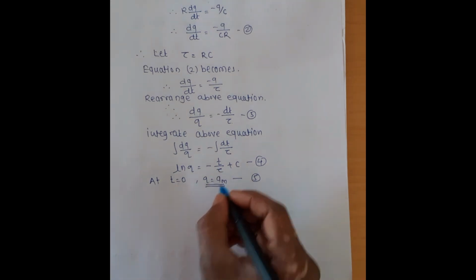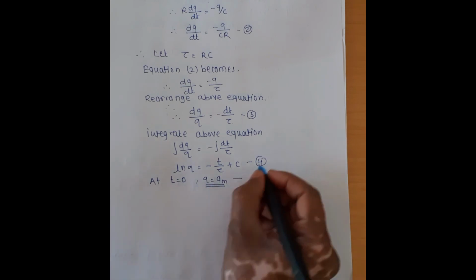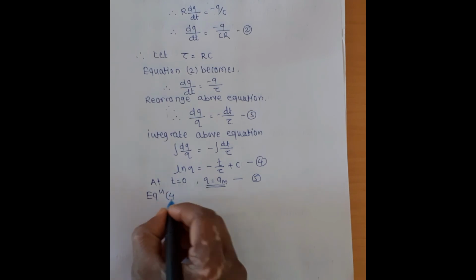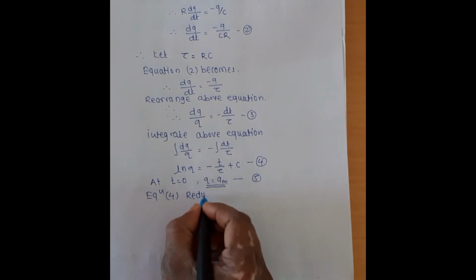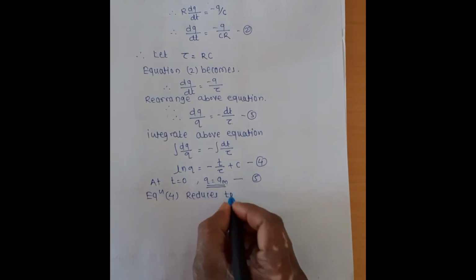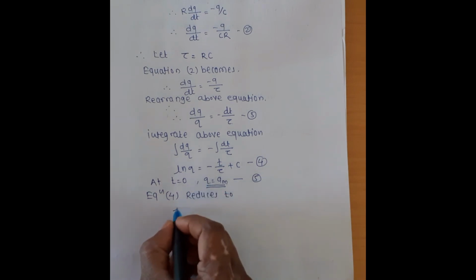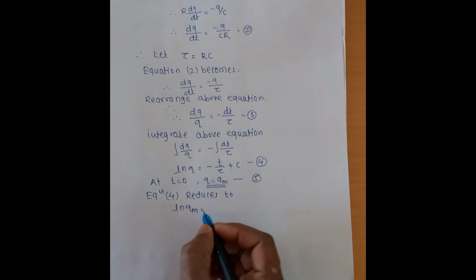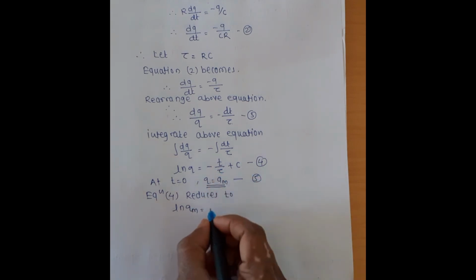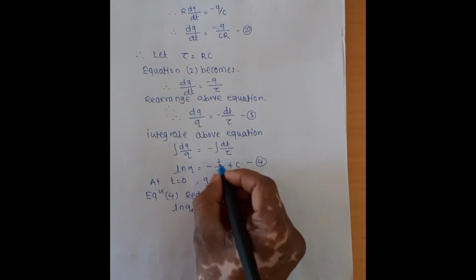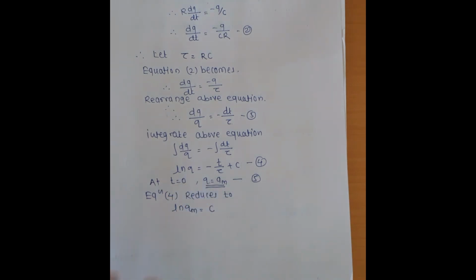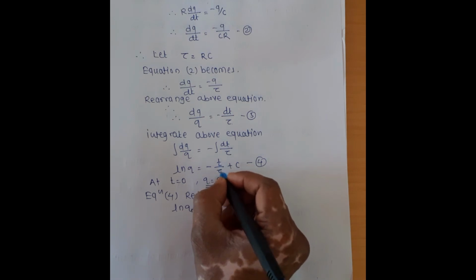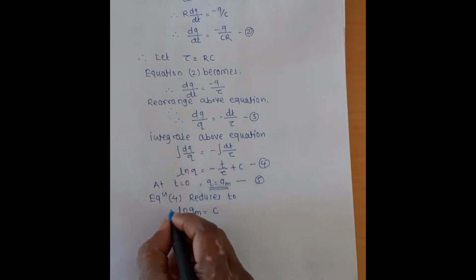So we put this condition in equation 4, and it reduces to ln qm is equal to minus 0 upon tau plus c. The value of t is 0 because it is the initial condition, so that whole term will be 0 and the remaining term is c.